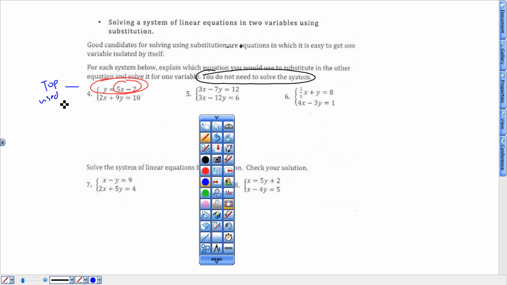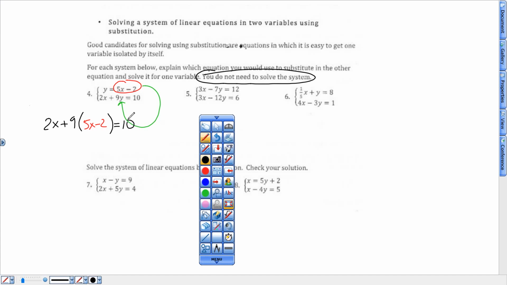I'm going to substitute that y equals 5x minus 2 into that y piece. So the math here is you're not touching the top one, but in the bottom one, you're replacing that y with that 5x minus 2. That's what you would substitute.